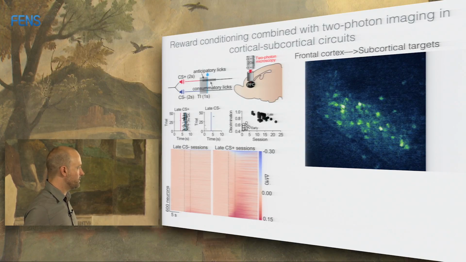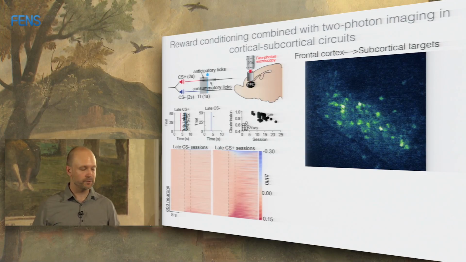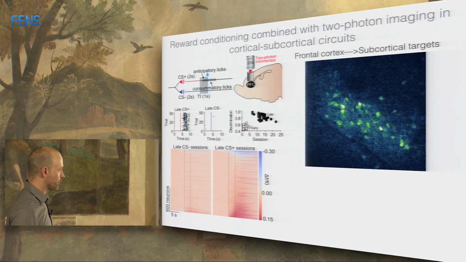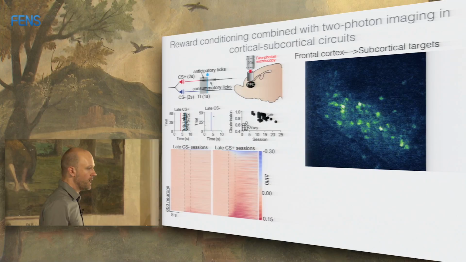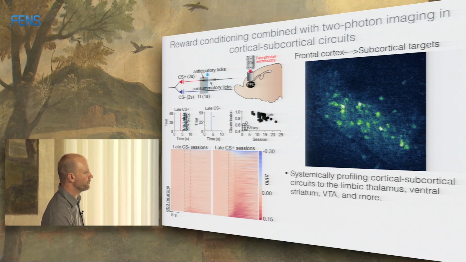With in vivo imaging, this is at least partially circumvented because we can record from so many cells simultaneously. With this, I'm showing you the recordings of, I think, about 1,500 neurons that were recorded in just a handful of animals. And so this really allows us to systematically profile different populations of cells that will then be projecting to different brain regions.